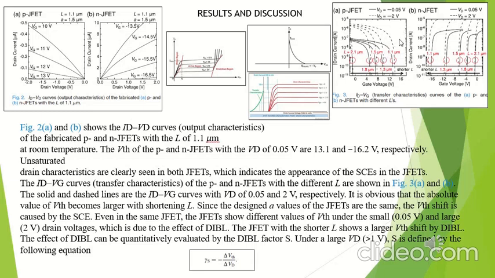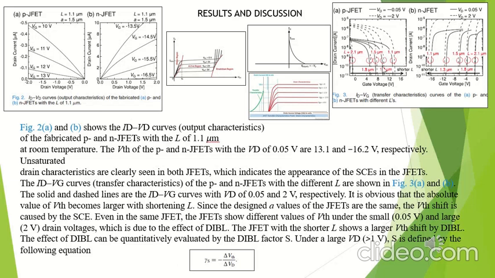Another observation is that for two different drain voltages, if you plot the curve for the same JFET with the same length and same channel width A, you will see that the minus 2 volt drain voltage shows a different threshold voltage. This difference in threshold voltage when the drain voltage changes is due to DIBL, drain induced barrier lowering.